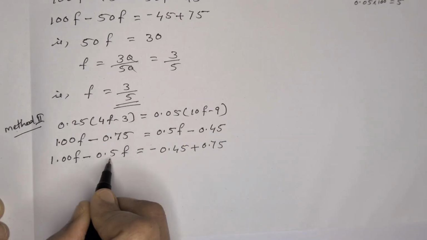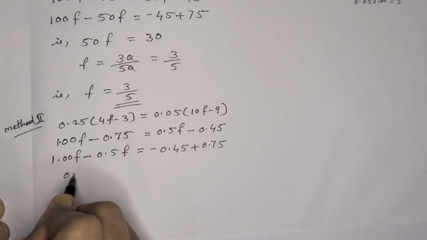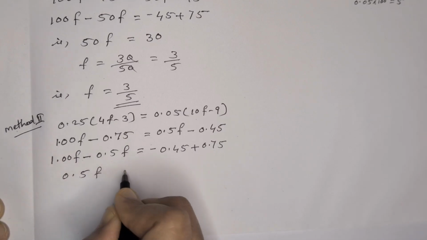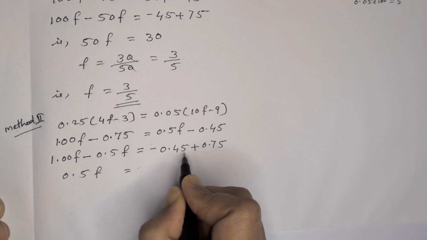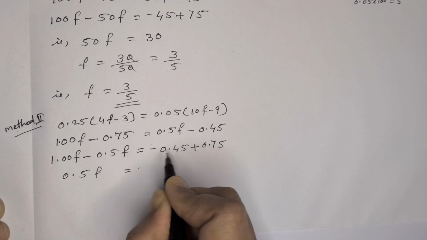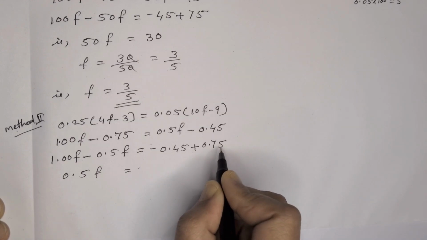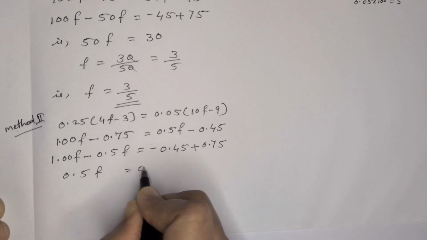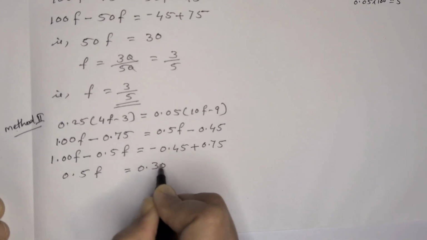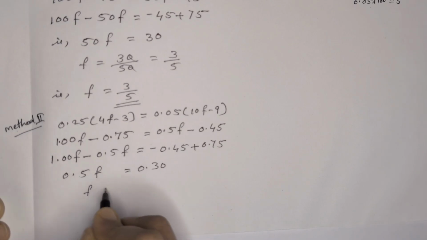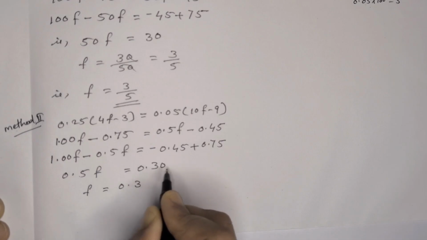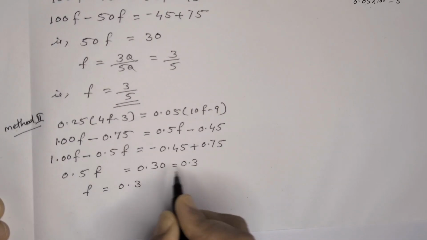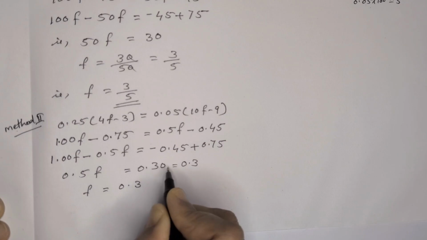Now when you are moving this to the other side, 1.00 f minus 0.5 f is equal to minus 0.45 plus 0.75. 1 minus 0.5, we will get 0.5 f is equal to minus 0.45 plus 0.75. That means 0.30. Then f is equal to 0.30 divided by 0.5. 0.30 is the same as 0.3, since the last place 0 is meaningless.